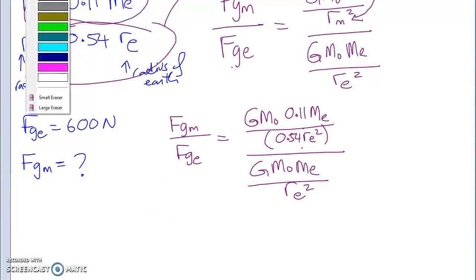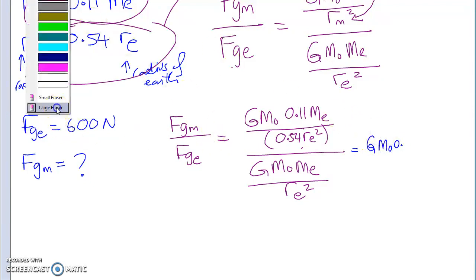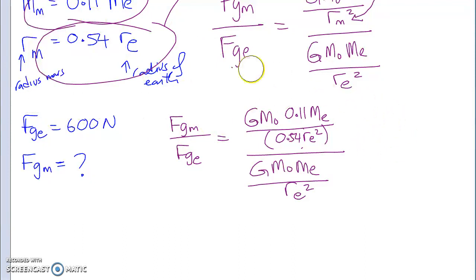Now, as you know, when you have one fraction being divided by another fraction, so if I had a over b divided by c over d, I would do it as a over b times d over c, correct? Reciprocal. That's the same thing we're going to do here as well.